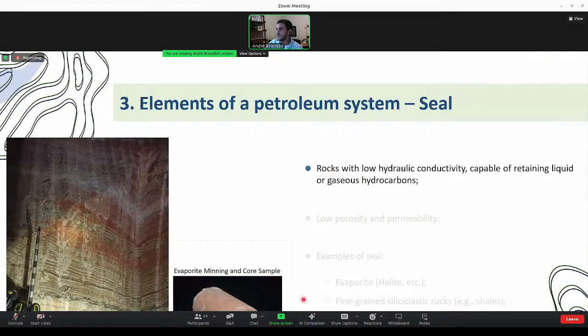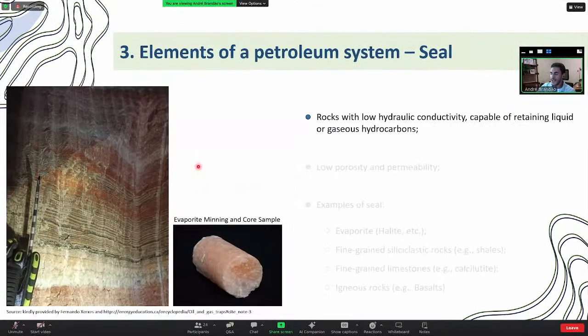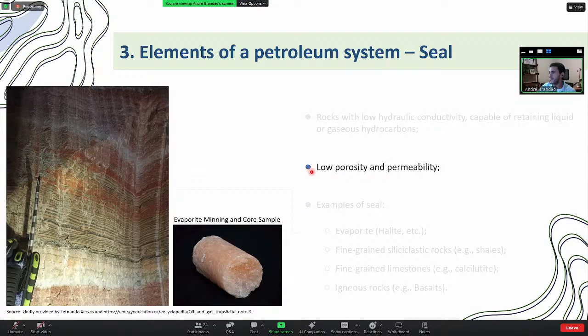Finally, we need a seal, which is a rock with low hydraulic conductivity, capable of retaining the liquid and gaseous hydrocarbons. This rock will act as a barrier because, as I said before, the hydrocarbons will try to flow to the surface unless they find a barrier, which can be a seal rock, and it must have low porosity and low permeability.